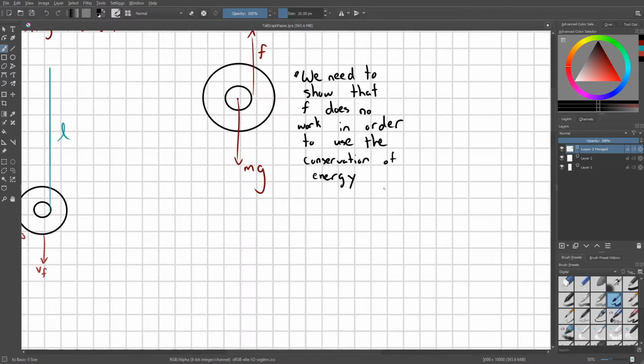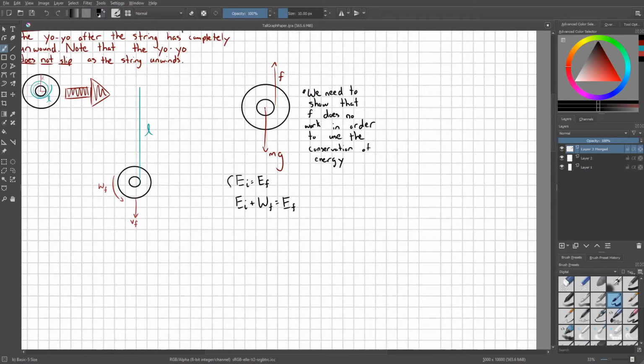Because what I'm saying is that this could either be a situation where our initial energy equals our final energy, or our initial energy plus some work from this friction equals our final energy. So we need to figure out which of these two are the correct assumption.